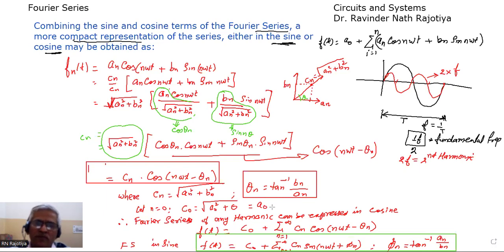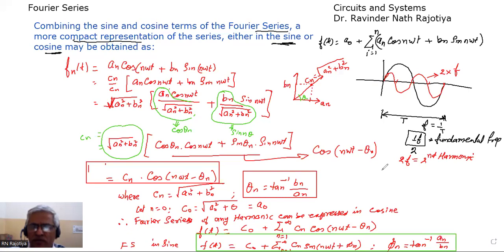So with these two equations, you can plot the line spectrum for Cn versus the n value, or theta n versus the n value. So the graph in those cases will look like one. Let me just take a pencil here.